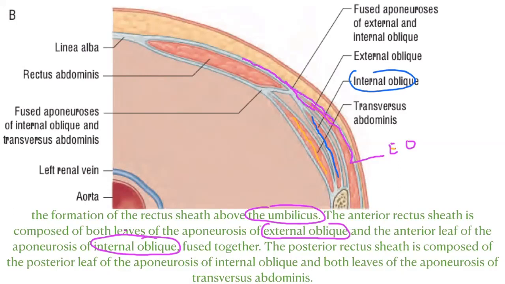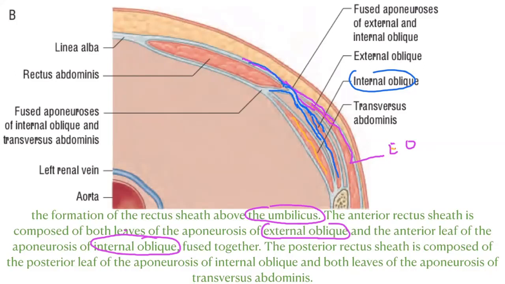Whereas the anterior lamina and posterior lamina of the internal oblique, you see, internal oblique is again coming to the posterior wall, right? Posterior lamina. Anterior lamina is going to the anterior wall.